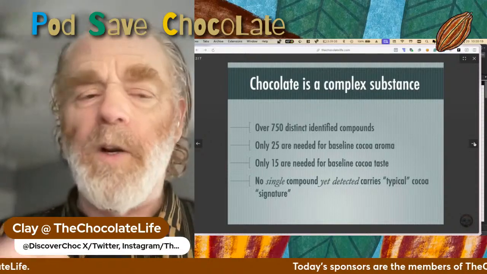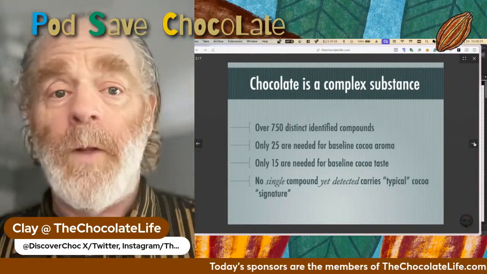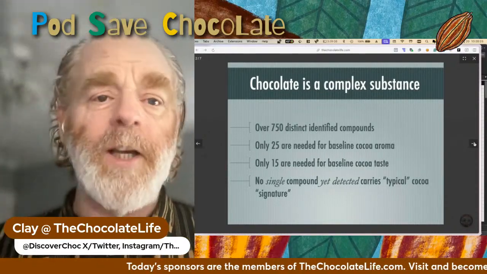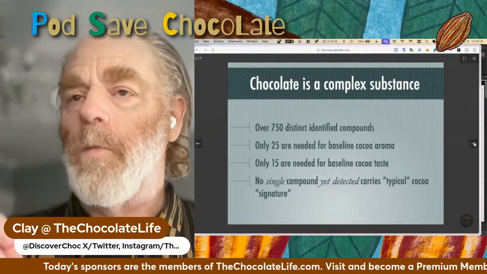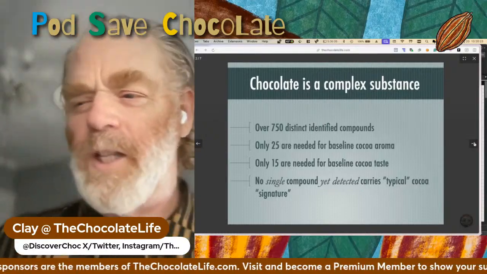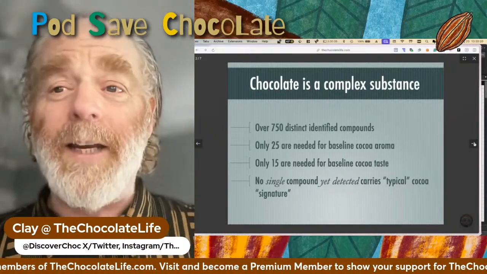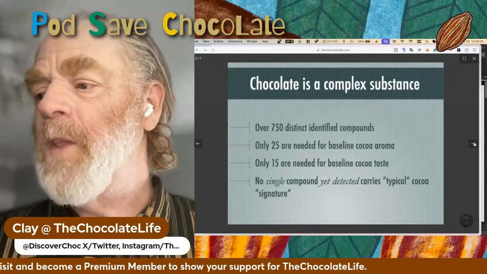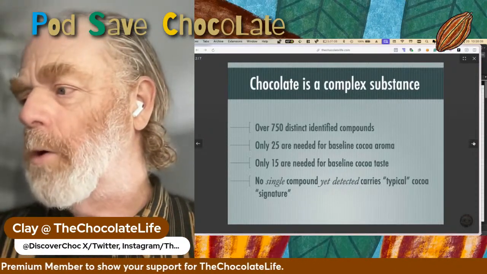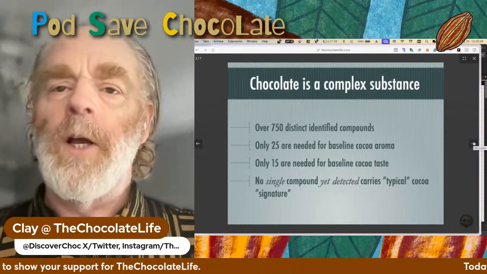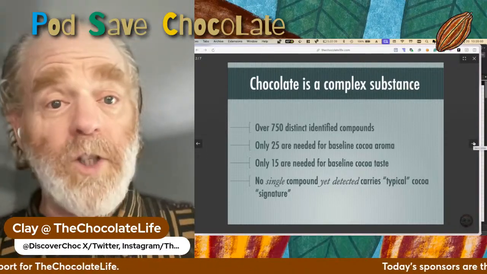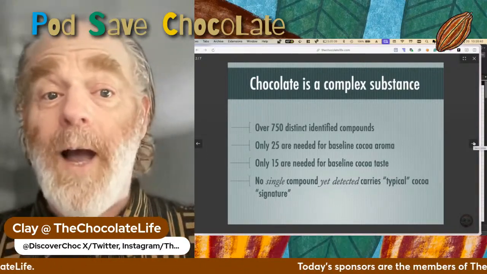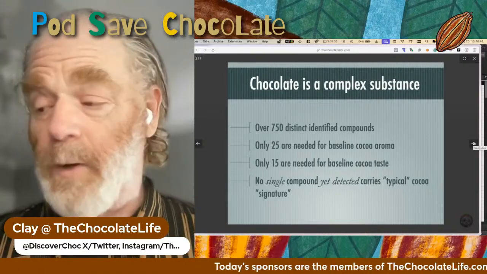And it's also really important to know that, unlike some other flavors that are out there, there's no single chemical compound that we know about yet. And this is back in 2012. I don't think that it has been updated to say that there's anything new since then. Carries what we think of as a typical cocoa signature. So what we think of as cocoa flavor or chocolate flavor is always a combination of chemicals.